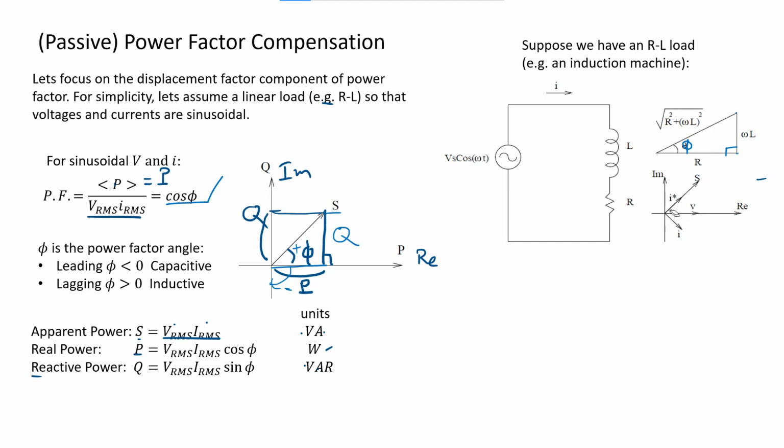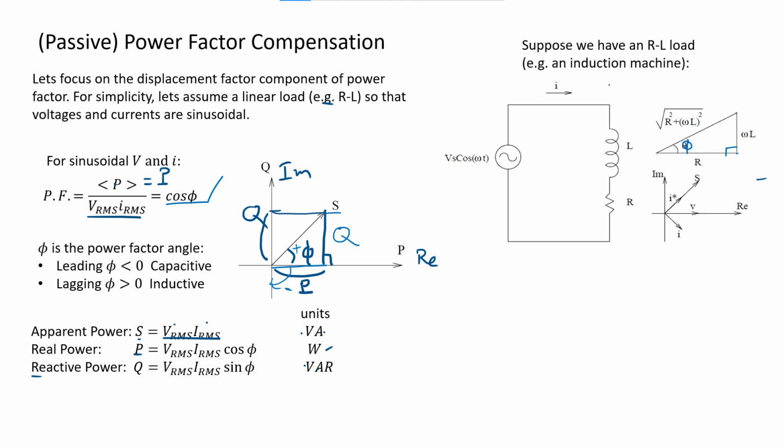And then you can draw the same thing for real power and reactive power on this axis, with the same angle phi. So how do you calculate current I? Current equals voltage divided by impedance.